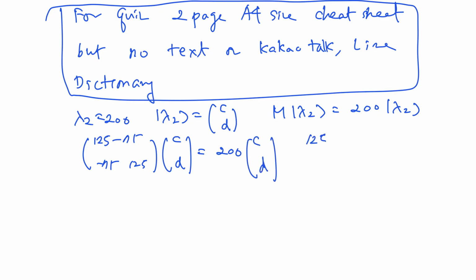So 125C minus 75D is 200C, or -75C plus 125D is 200D.